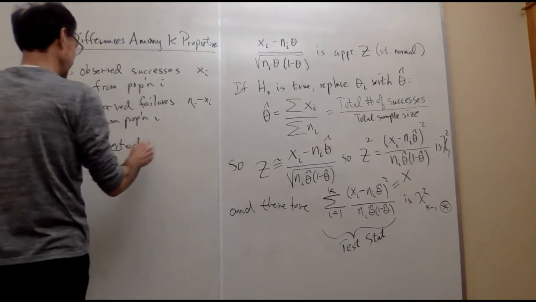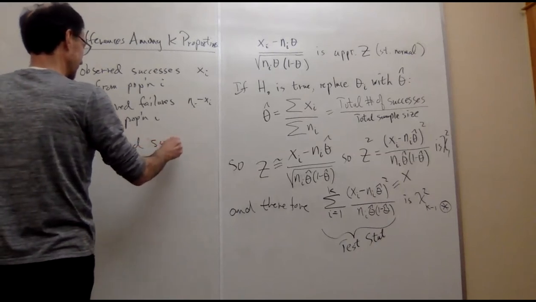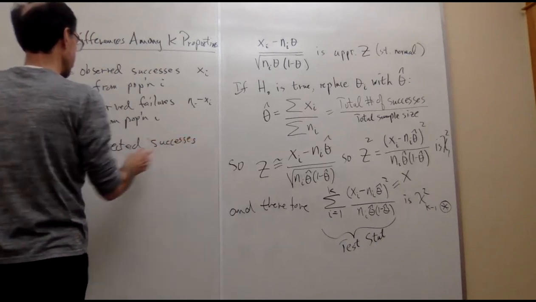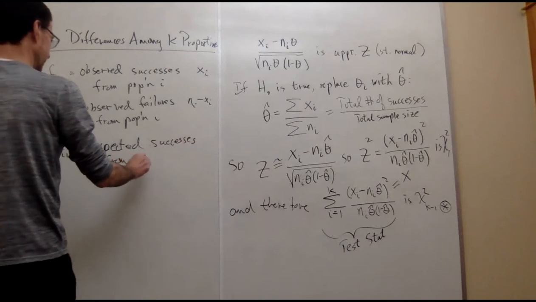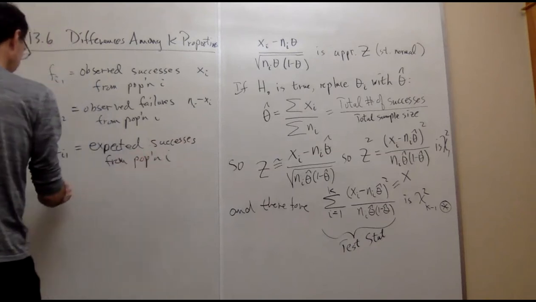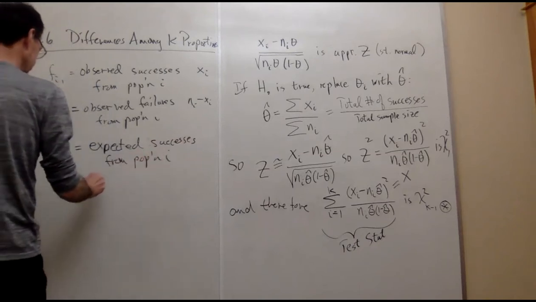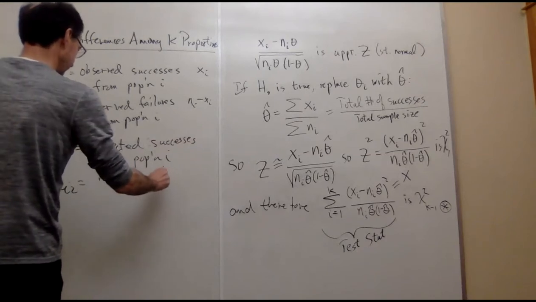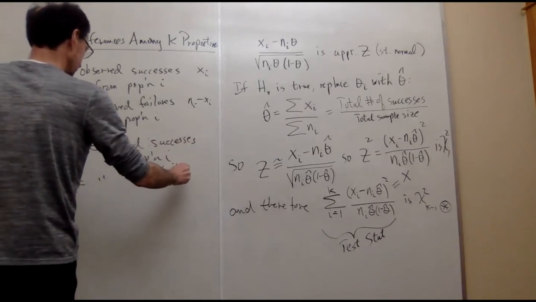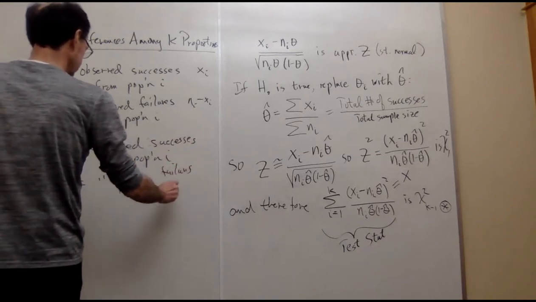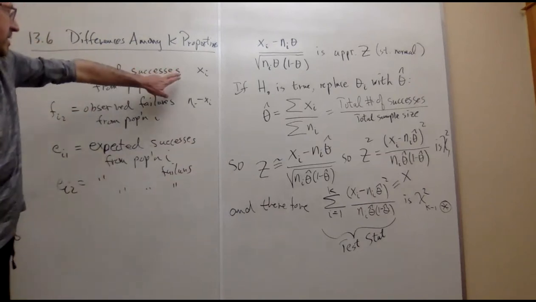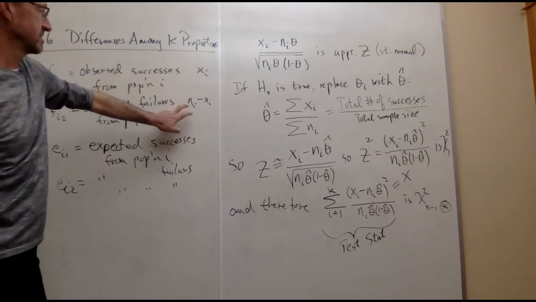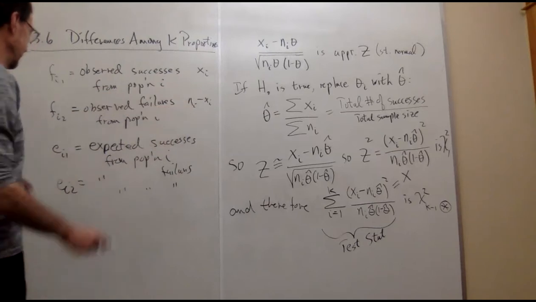The sub 2s are failures, from population i. And similarly, Ei2 is the expected failures from population i. Fi1 is xi, Fi2 is ni minus xi.